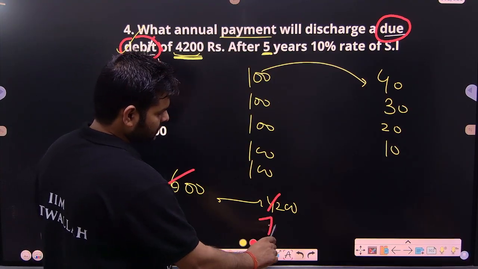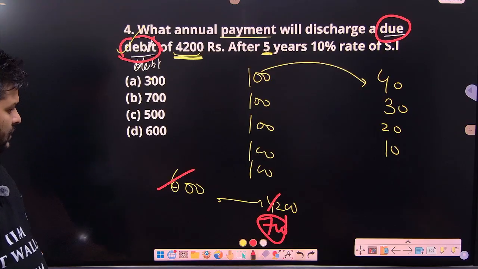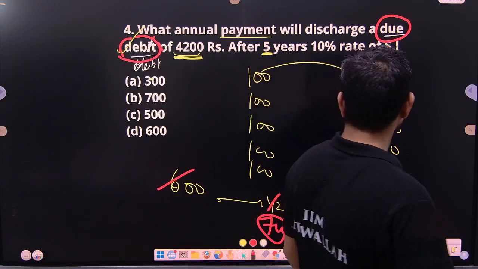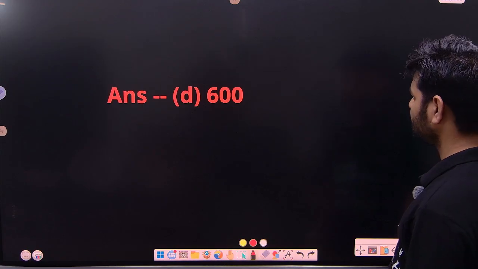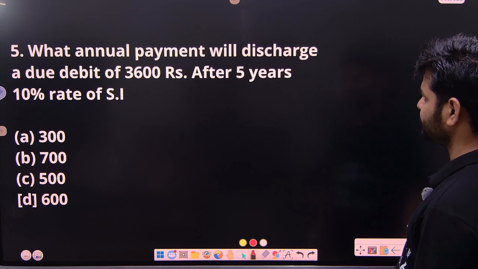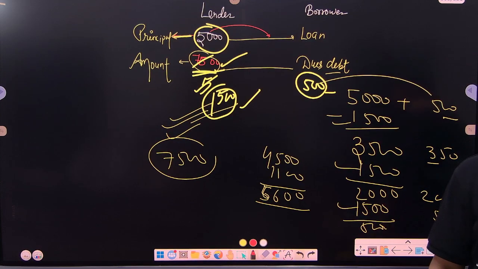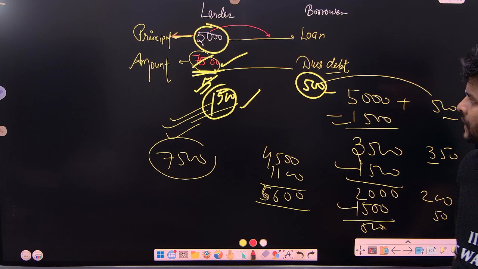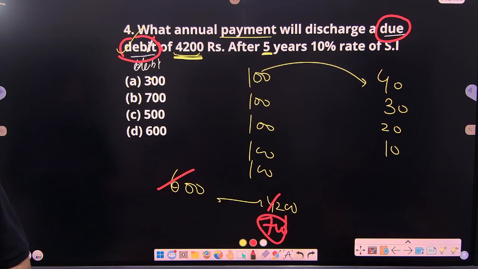So guys, I need to pay only 700 basically. You need to change it. Got it? There is an error in the answer. We have the formula. We can solve this question by the formula.